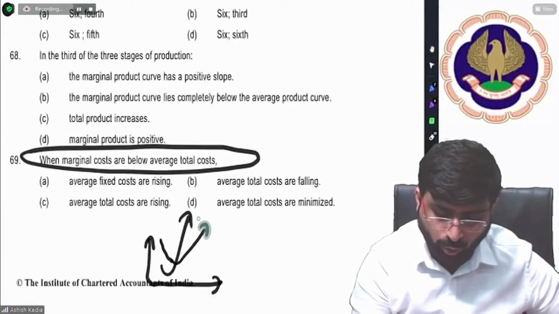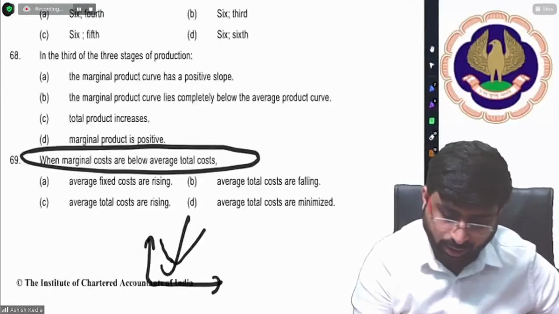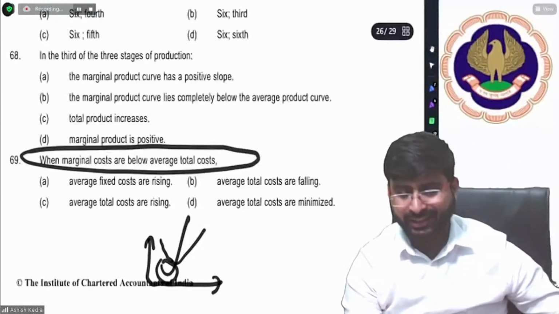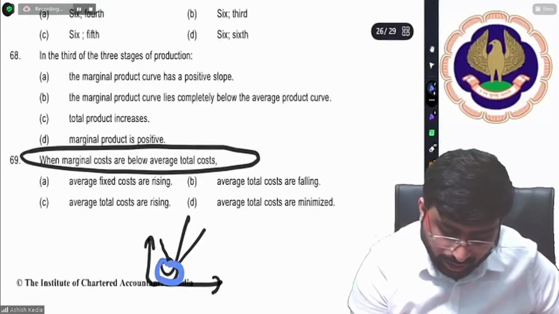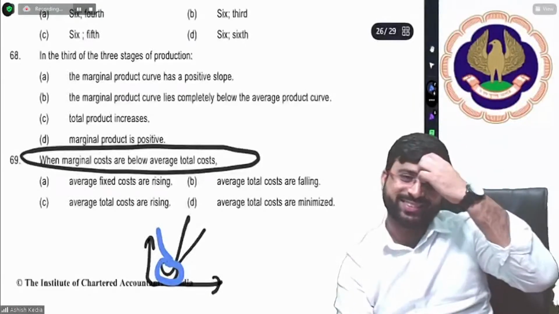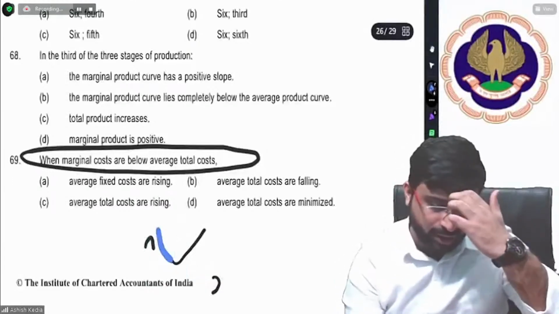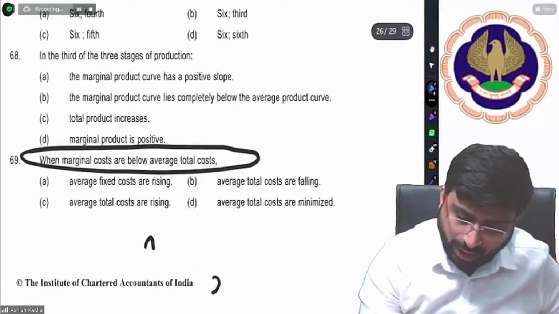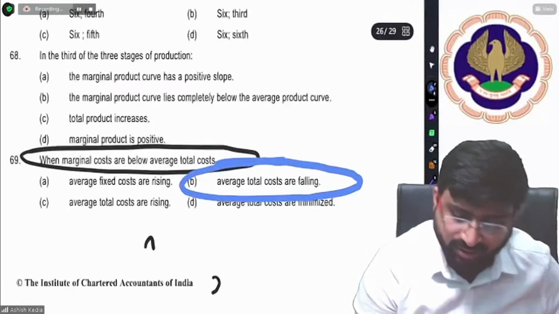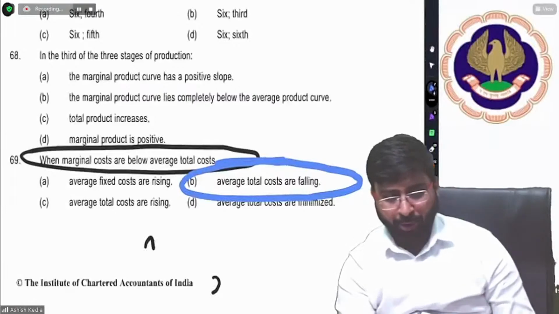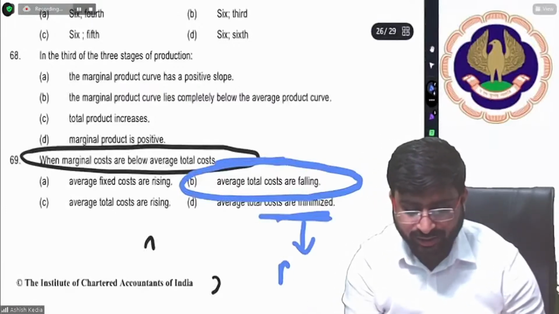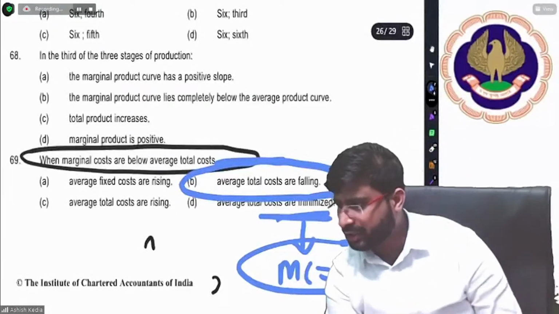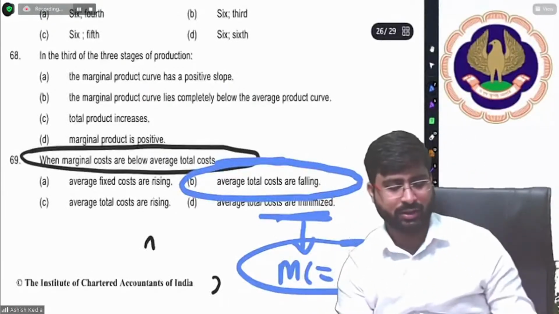When marginal costs are below average total cost, as you can see here, in this portion, I'll highlight with blue, average cost is constantly falling. So when marginal cost is below, average cost is still falling. Because when average total cost is minimized, then marginal cost becomes equal to average total cost. Understood? So don't be confused that way.